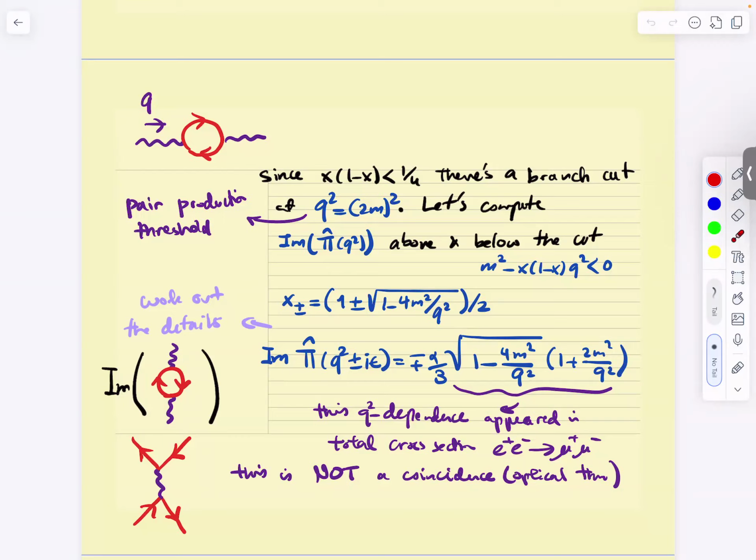This is the first instance of a large set of connections between different Feynman diagrams called optical theorems. It's a consequence of unitarity. We're going to go over that. But is the observation clear? When you do the calculation for vacuum polarization above the pair production threshold, there is an imaginary piece, and the imaginary piece when you calculate it is related to that.